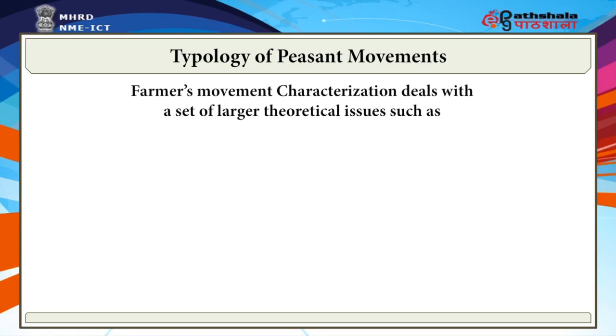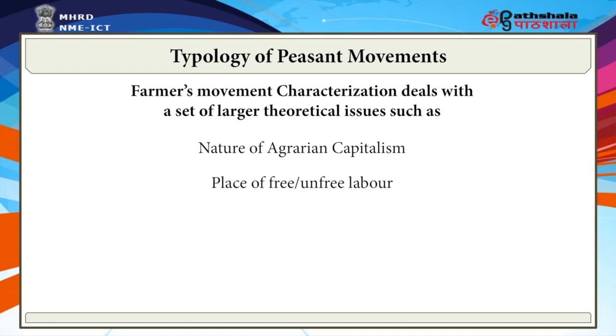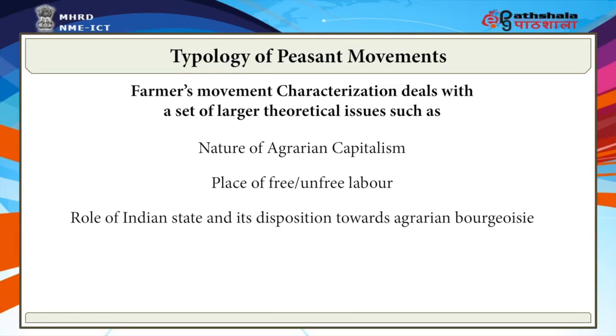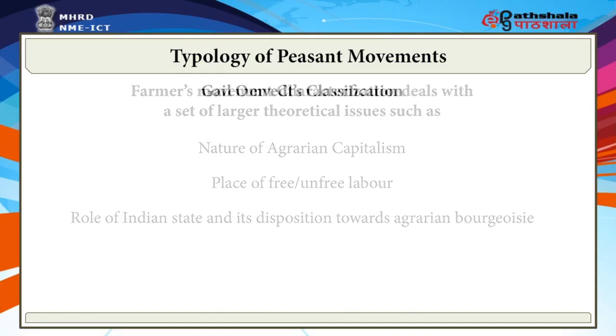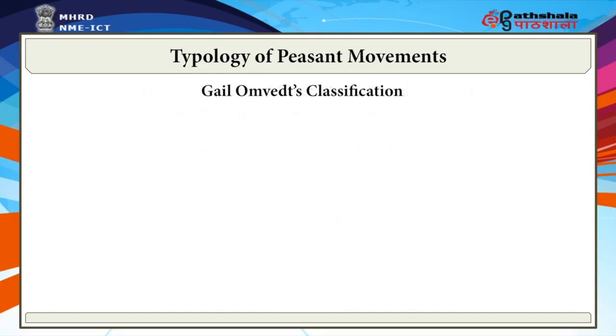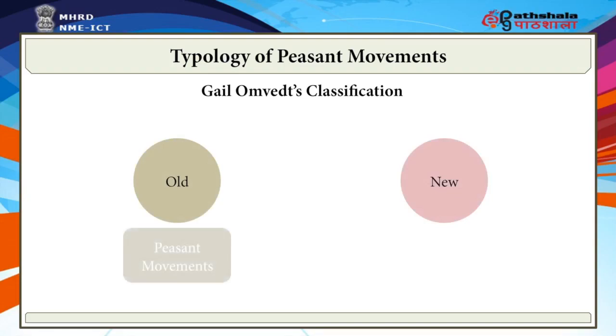In the characterization of a movement as a farmers' movement, a set of larger theoretical issues are at stake, such as the nature of agrarian capitalism, the place of free or unfree labor, the role of the Indian state and its dispositions towards the agrarian bourgeoisie. Interestingly, Gail Omvedt has classified the peasant struggles into old and new, whereby the former is known as peasant movements and the latter as farmers' movements.